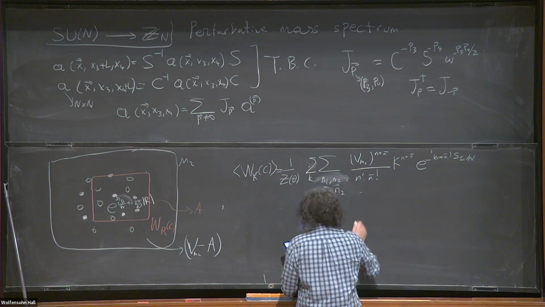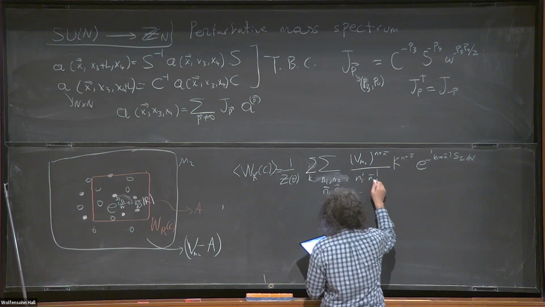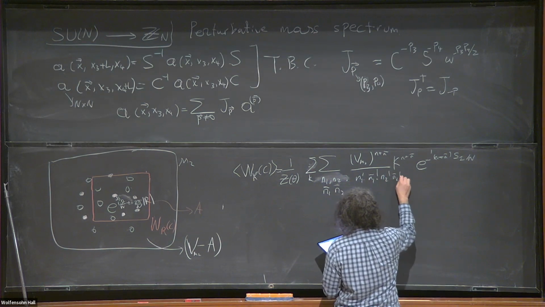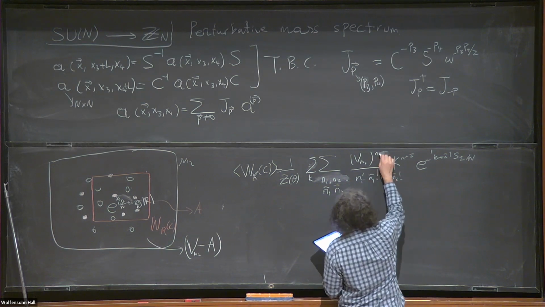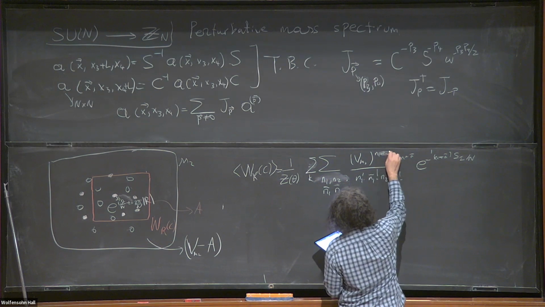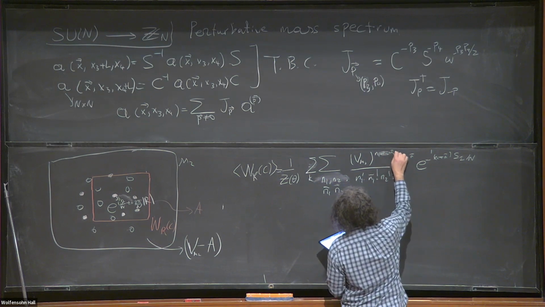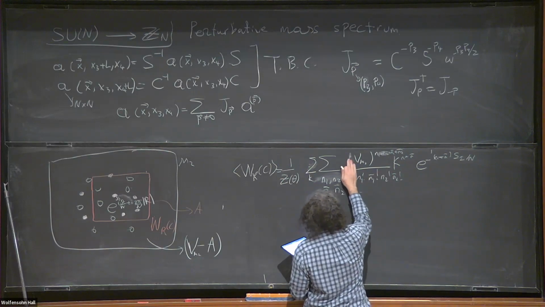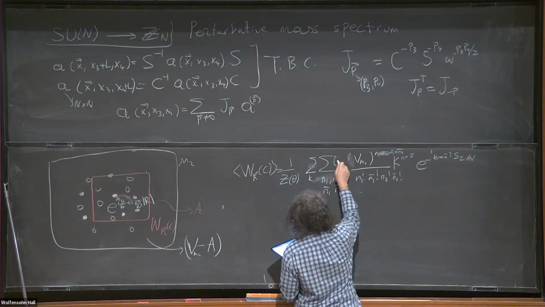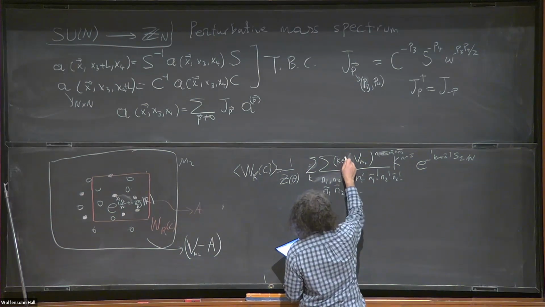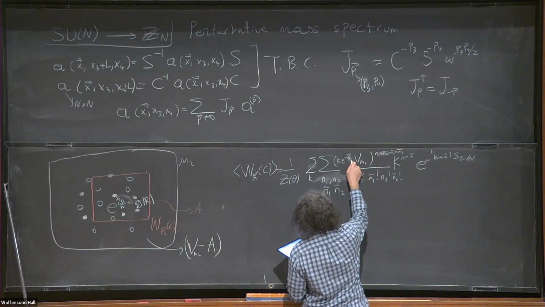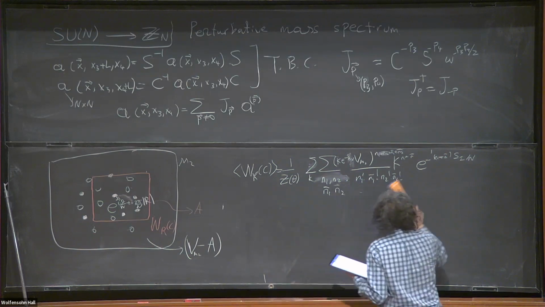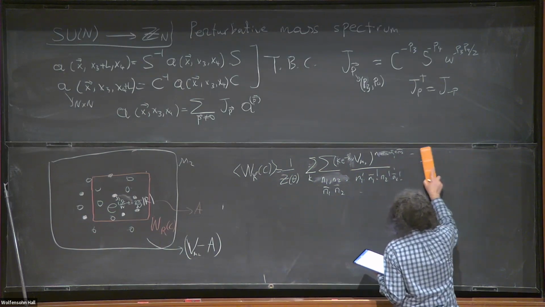There will be n1 factorial, n1 bar factorial, n2 factorial, n2 bar factorial, and here n1 plus n2 plus n1 bar plus n2 bar. Let me put everything here, exponential minus S instanton divided by n, everything in there. Okay, I am still doing the same sum.